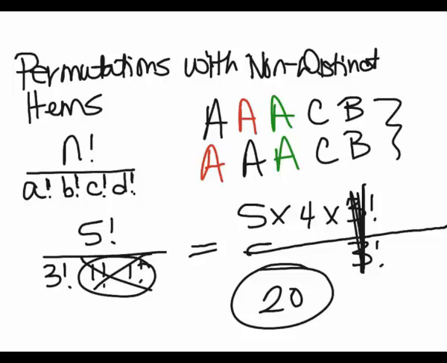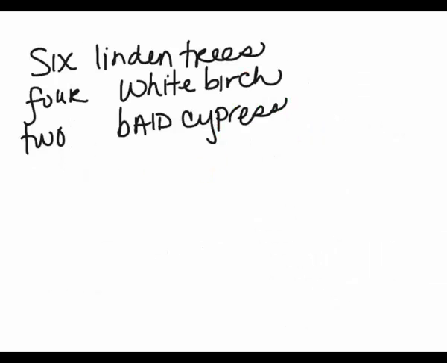Okay? So then if I were to give you a problem. Okay. A golf course architect has 6 linden trees, 4 white birch trees, and 2 bald cypress trees to plant in a row along a fairway. In how many ways can the landscaper plant the trees in a row, assuming that the trees are evenly spaced?